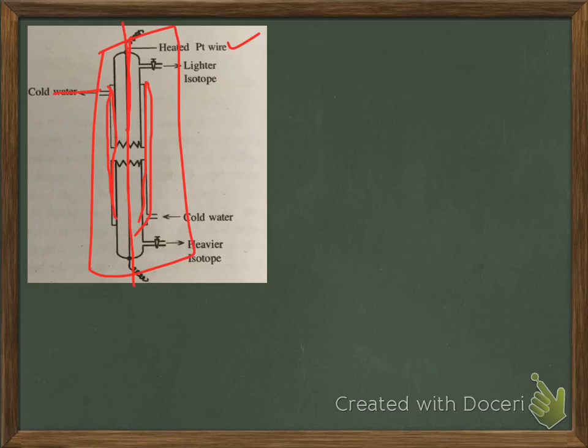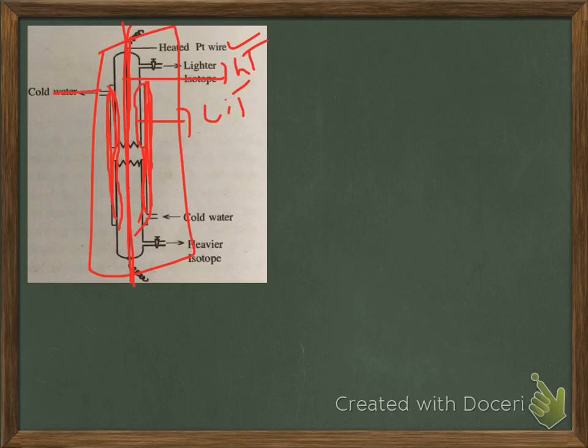So a temperature gradient can be created by heating this wire. So the center of the tube will be at higher temperature and the outer region of the glass chamber, which is very close to the water supply system, will be at lower temperature.